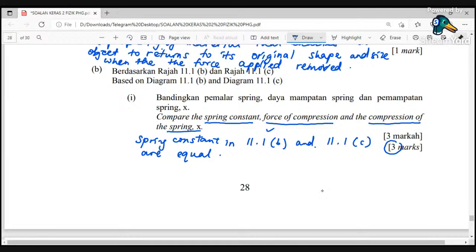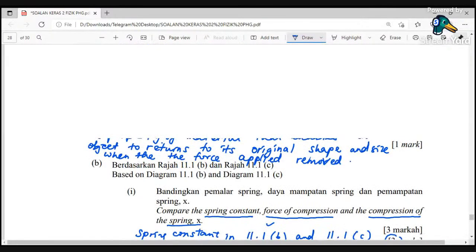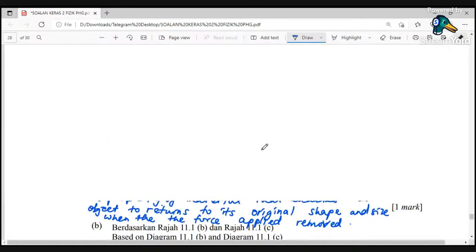Force of compression. Okay, the force of compression, kalau you mula dengan 11.1 B, ini pun you akan mula dengan 11.1 sebab dia akan bantu you untuk relate nanti. The force of compression in 11.1 B, okay, go back to the diagram. Jadi tengok diagram tu lagi sekali.